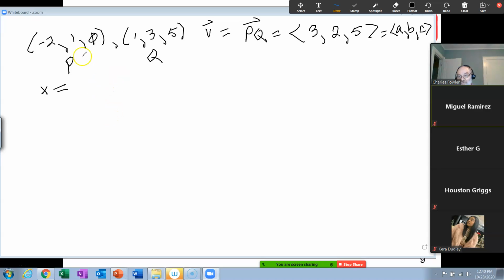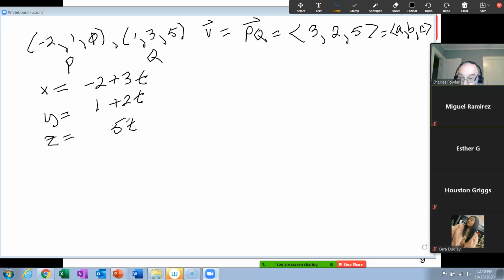I think they probably use the first point: negative 2 plus 3t. y is equal to 1 plus 2t, and z is equal to 0 plus 5t, you don't have to write the 0. There is a set of parametric equations: x equals negative 2 plus 3t, y equals 1 plus 2t, and z equals 5t.